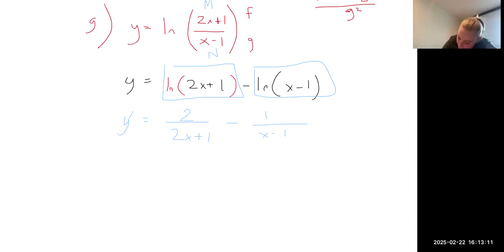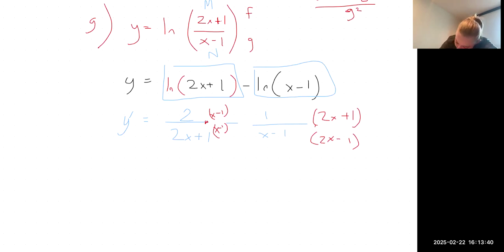So the second one, the 1 over x minus 1, we're multiplying by 2x plus 1, top and bottom. Each one gets the other. And then the 2 is being multiplied by x minus 1, and the bottom is 2x plus 1 multiplied by x minus 1.